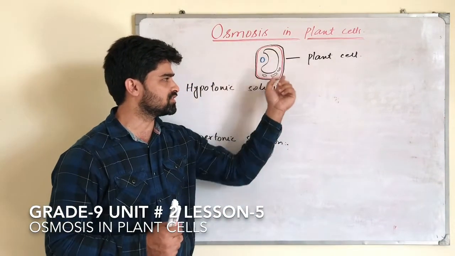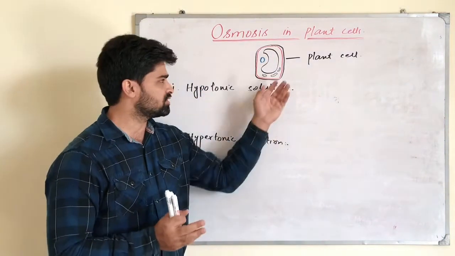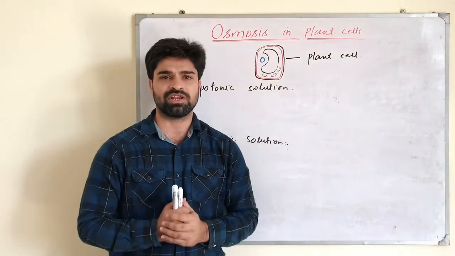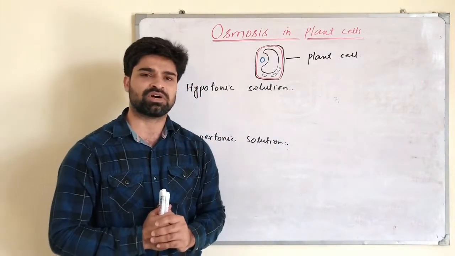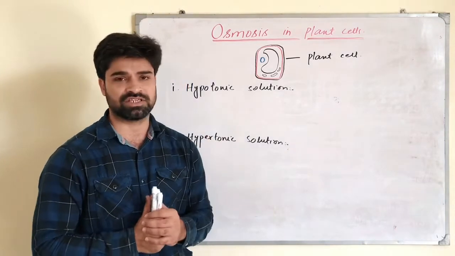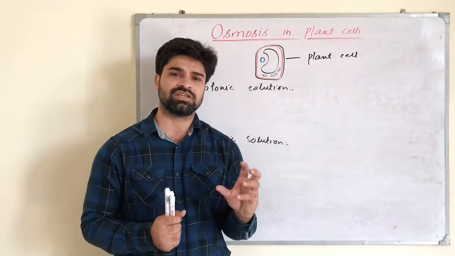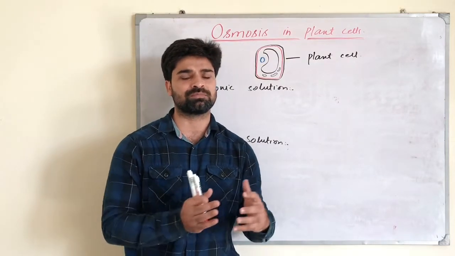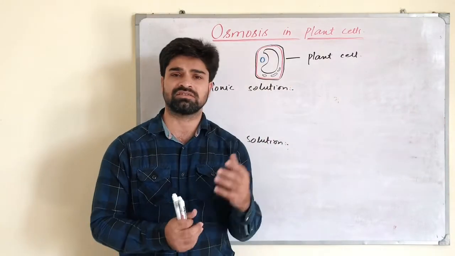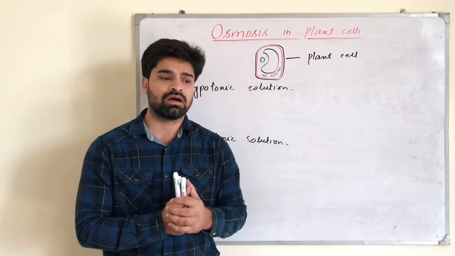As compared to animal cells, plant cells are quite different because they have a protective wall around the cell called the cell wall, and on the inner side of that cell wall the cell membrane is present, which acts as a partially permeable membrane for osmosis in plant cells. Dear students, now you can see the difference between animal cells and plant cells, because in plant cells there is a wall which protects them.